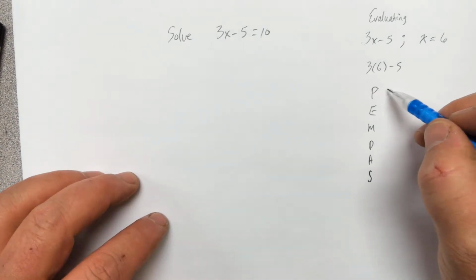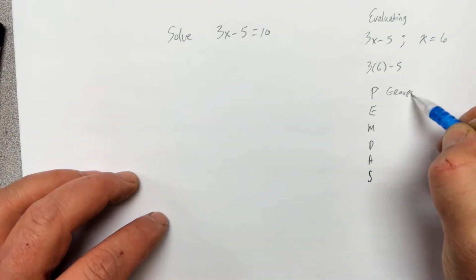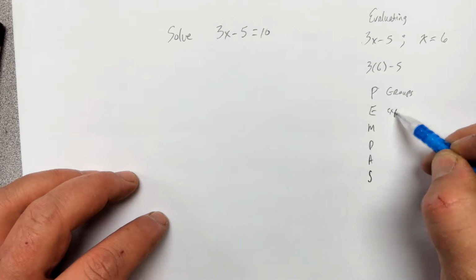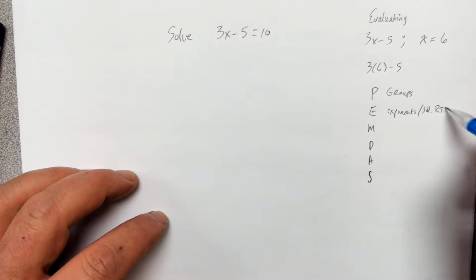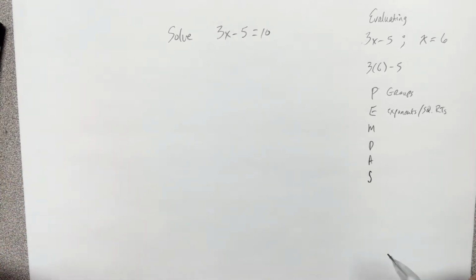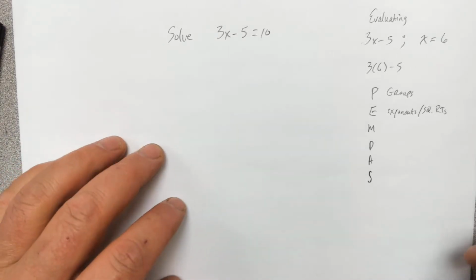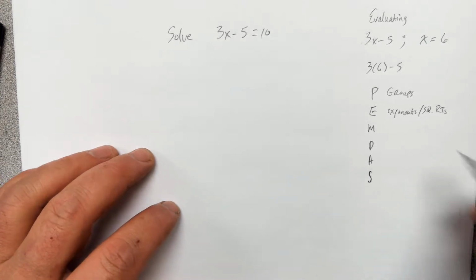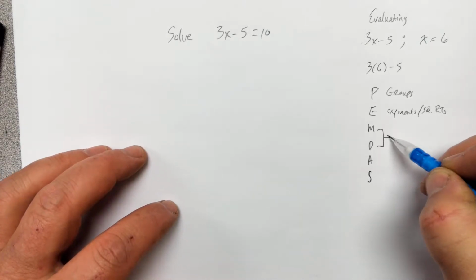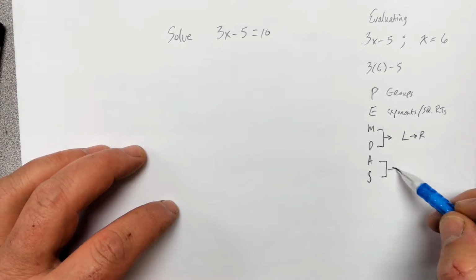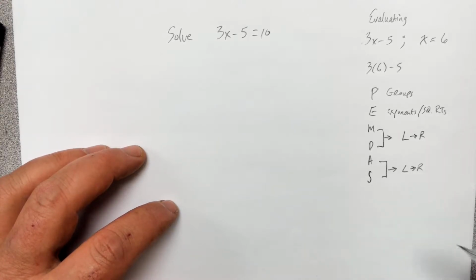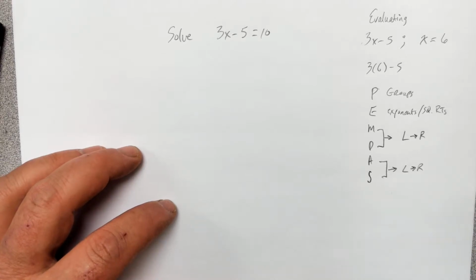That's just evaluating. And when you're evaluating, you use PEMDAS, right? So this is groups, and this is exponents, and your favorite square roots. I know Yolanda's favorite square root is the square root of 36. Always and forever. And then multiply and divide from left to right, and then add and subtract from left to right. So when you're evaluating, that's what you do.